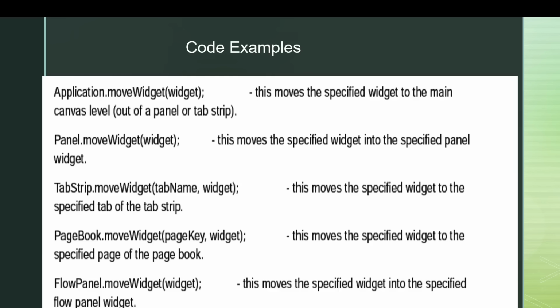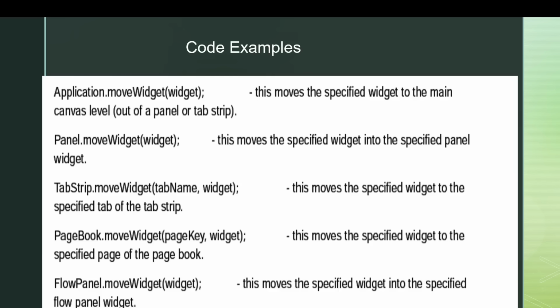As the name specifies, we can move a widget from any place to the tab strip. In this function of tab strip, we have to pass the parameters, our tab name and the widget. The next command is very interesting, which we'll use in our example: pagebook dot move widget.